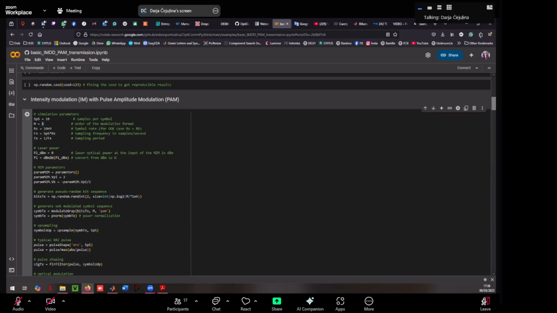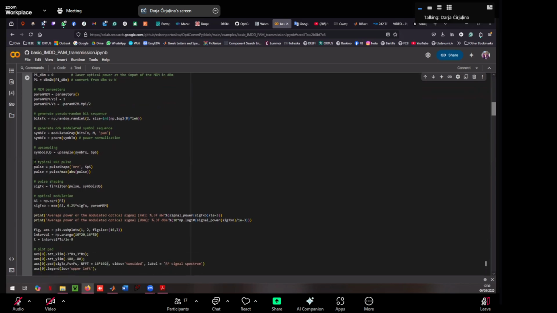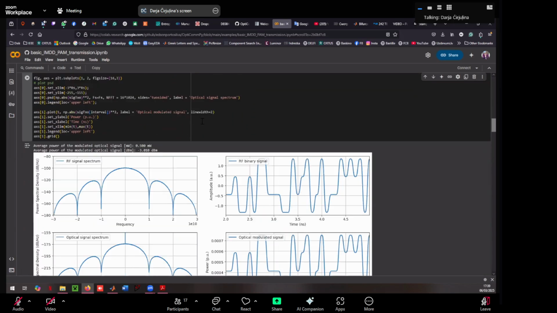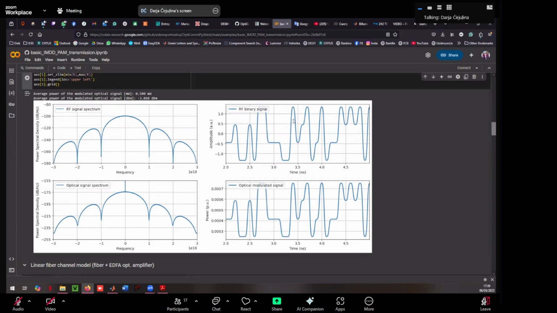Here you can change the symbol rate as well. And if you notice, in these simulations we usually have the pulse shaping as well. This is one detail that was explained to you during the lecture. Here we have the spectra of the RF and optical signals, and how our binary data is looking.